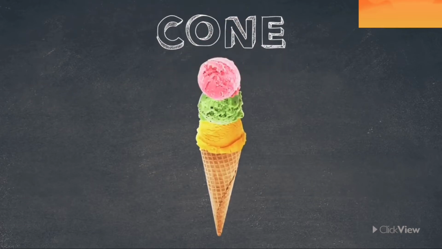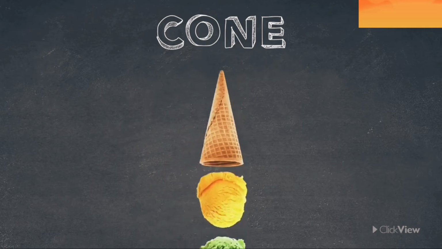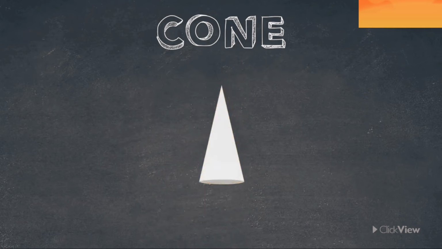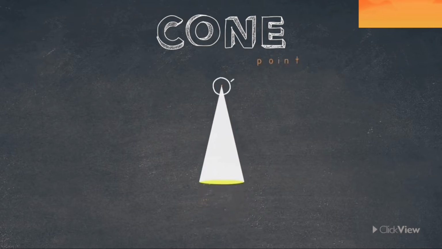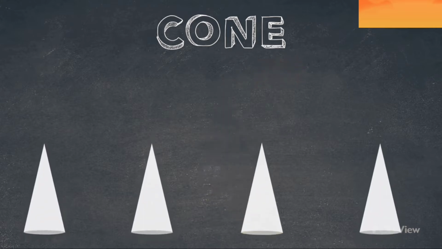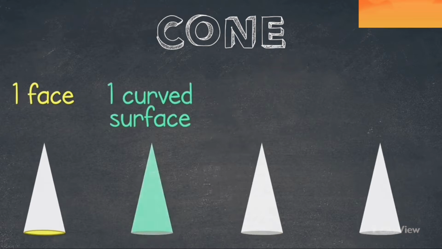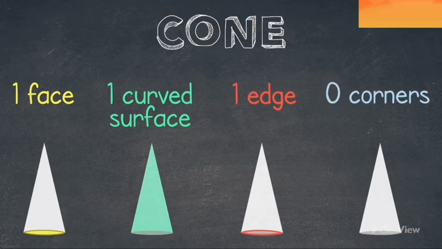Not an ice cream cone, unfortunately, but it is the same shape. A cone has a circle at its base and a point at the other end. It has 1 flat face, 1 curved surface, 1 edge around its base, but no corners.